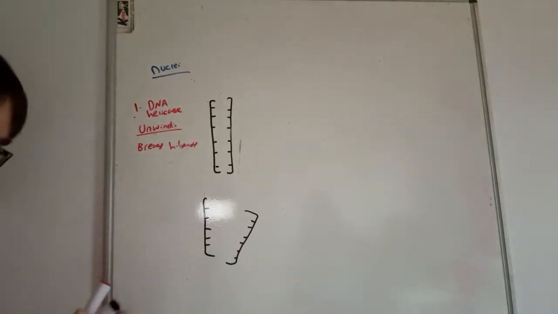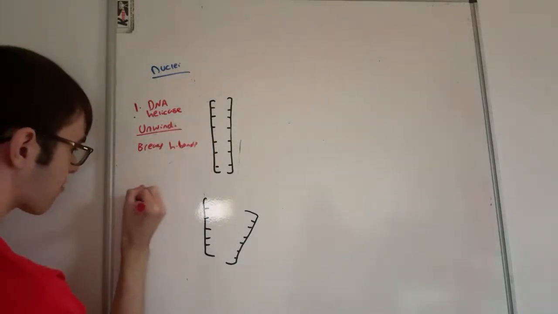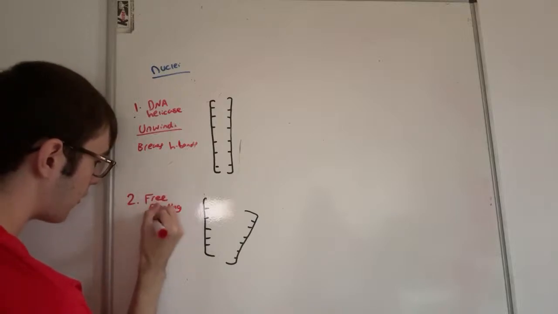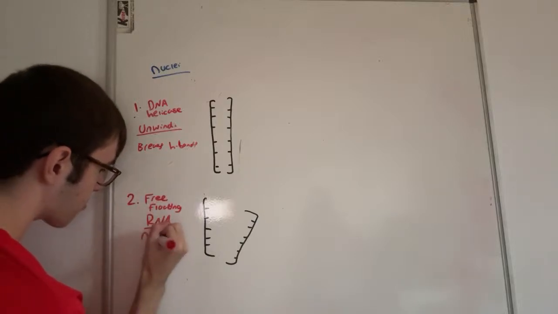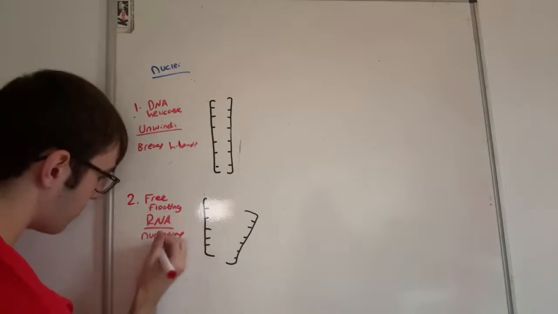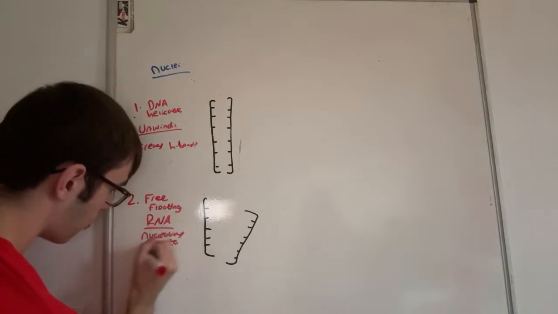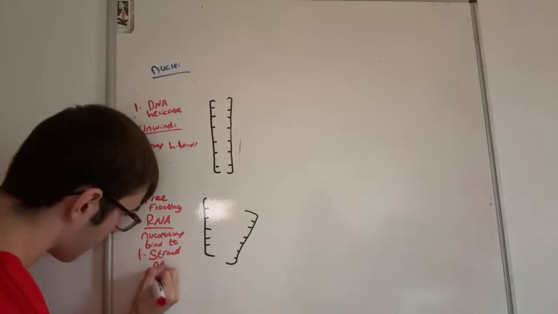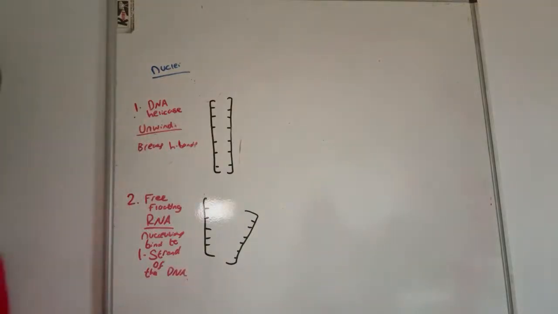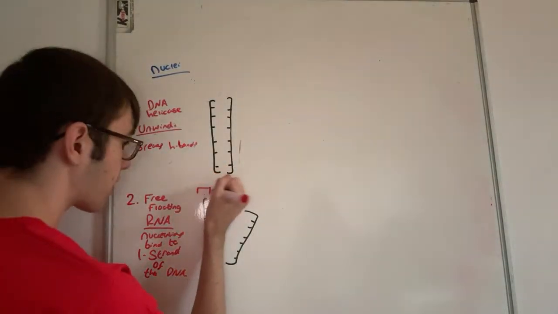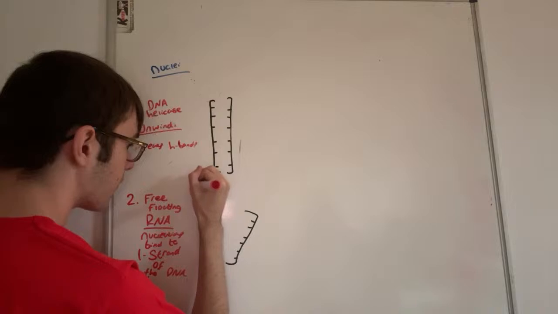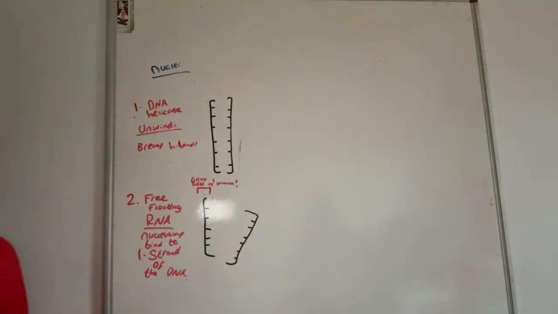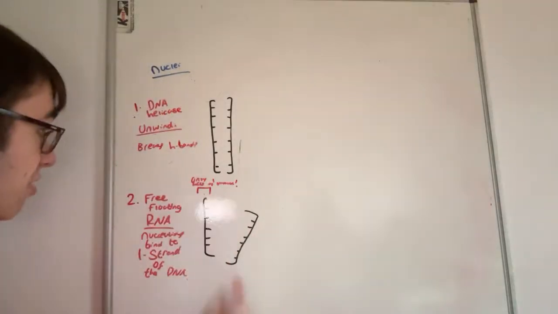The second step is the free-floating RNA nucleotides bind to one strand of the DNA. So in other words, only one acts as a template. Only one strand of this DNA is acting as a template.